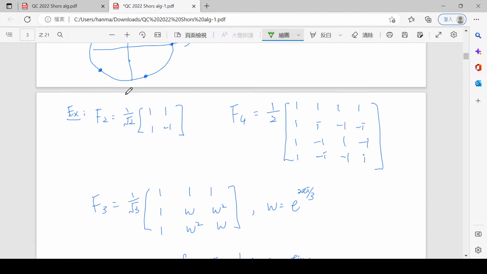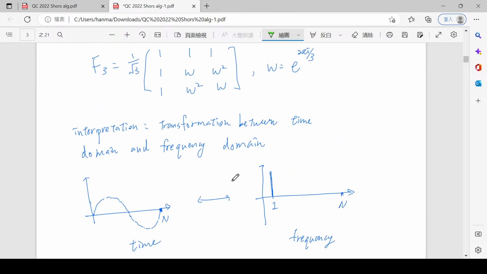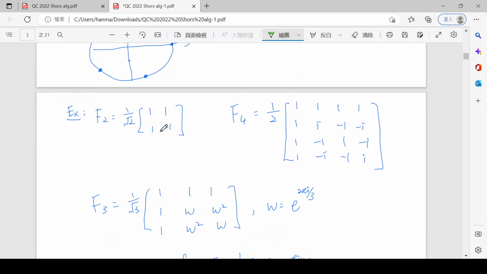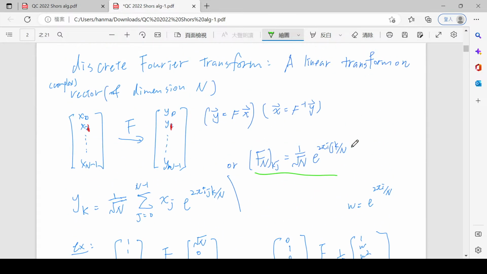And here are some examples. You can easily check that they are unitary matrices, and then you can also calculate the inverse pretty easily. The inverse is just its complex conjugate, so you get an extra minus sign on this exponential.